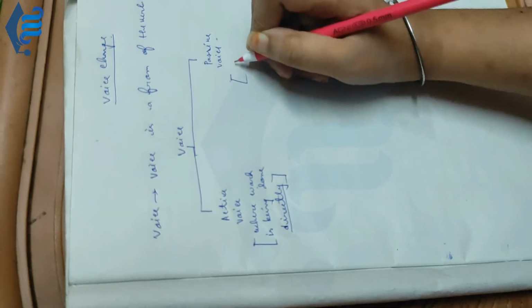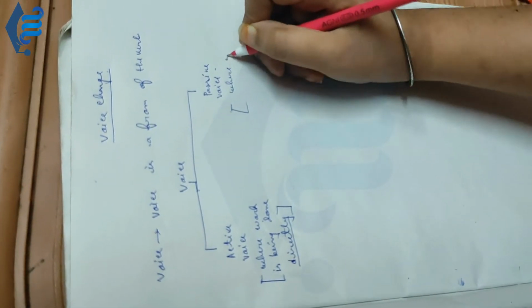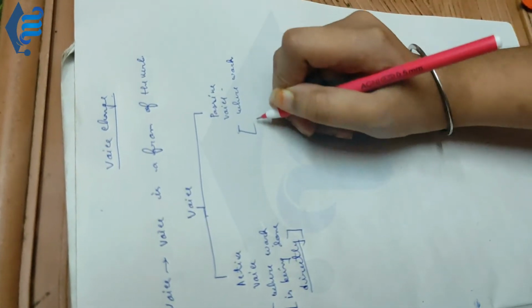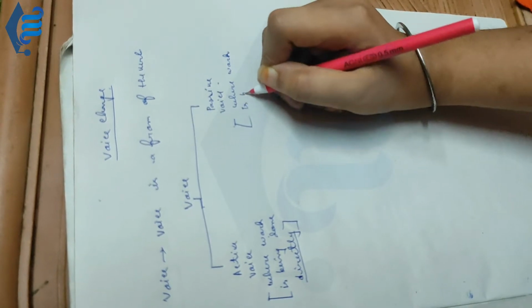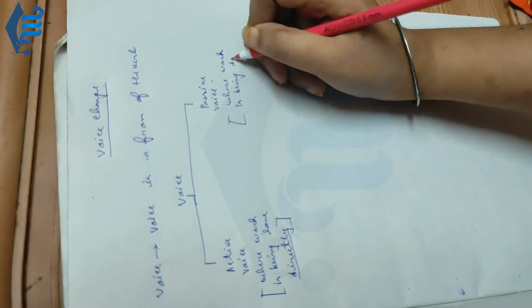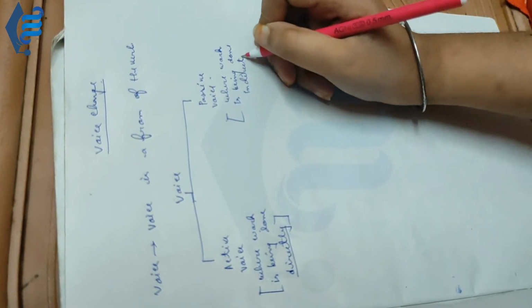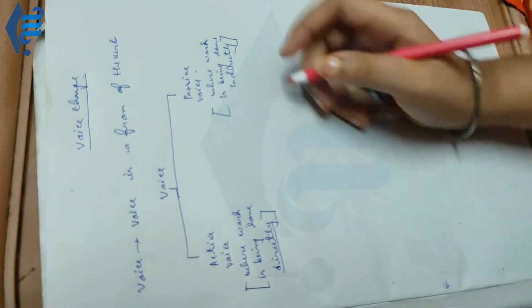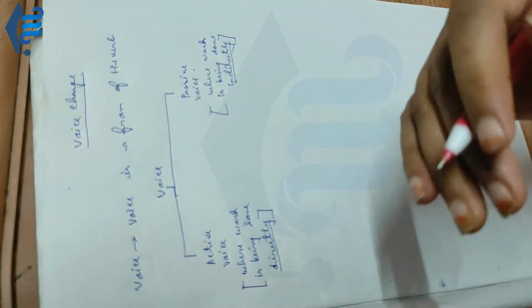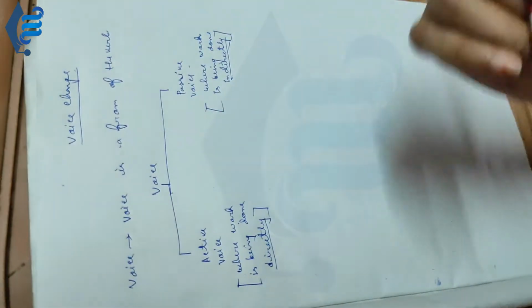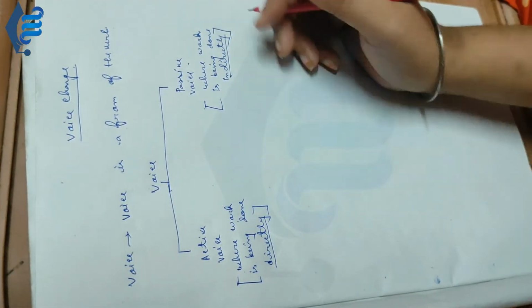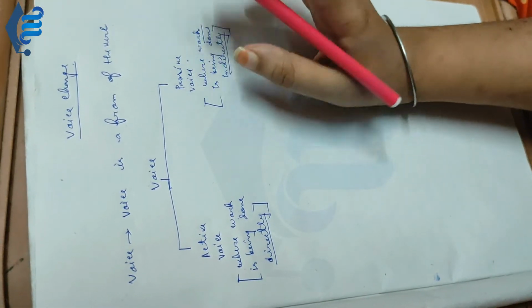And what is passive voice? Where work is being done indirectly. Okay, where work is being done directly, that is called active voice, and where work is being done indirectly, that is called passive voice.